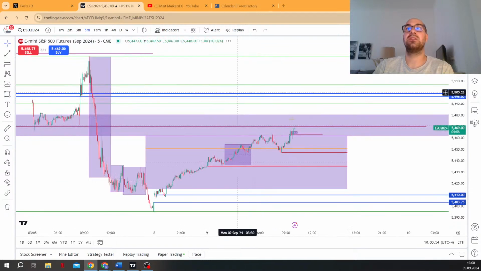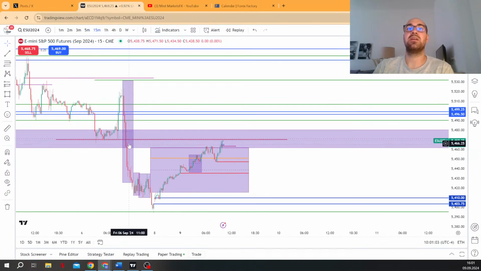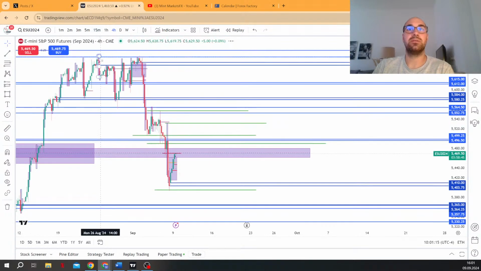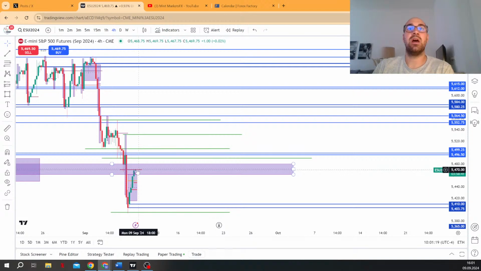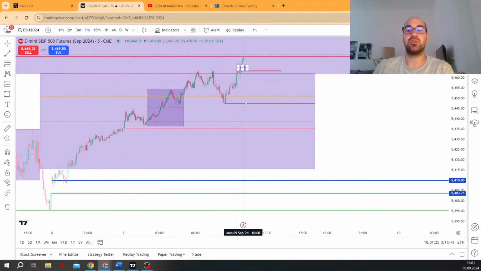And what I would be interested to see, we have also liquidity here, 5-minute high here, also 15-minute high here. So once we took out this high here, we traded to the midpoint and to the 4-hour bearish order block. I'd be looking if we can see lower prices or maybe get a trade set up for a short here.